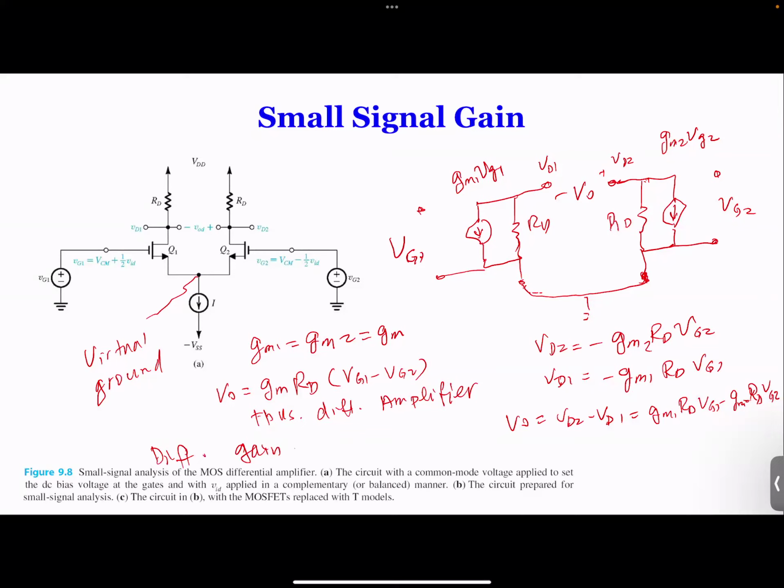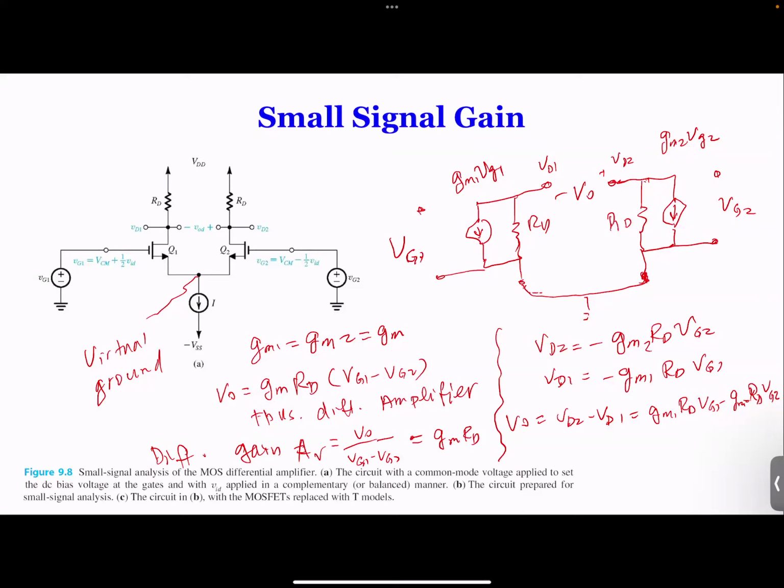Differential gain is always called Av, equal to VO over VG1 minus VG2, which is equal to GM times RD. Okay, so that's how we get the gain of the differential amplifier.